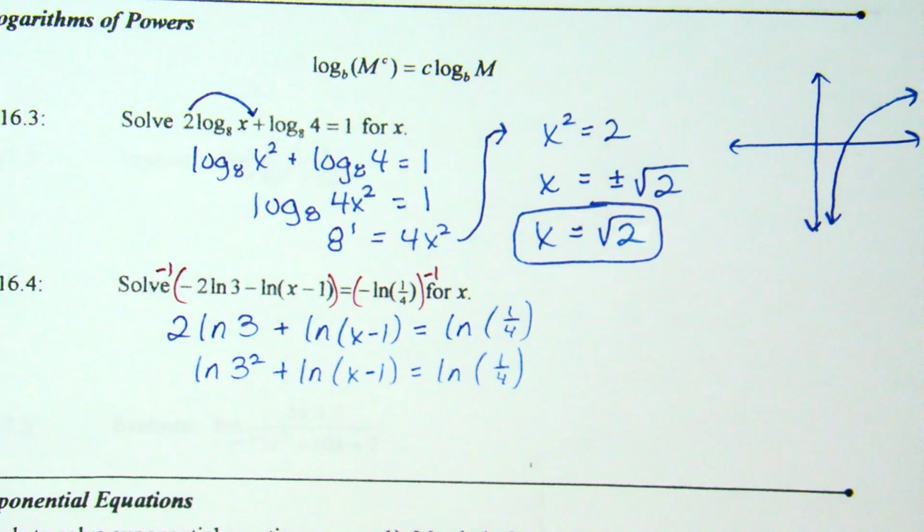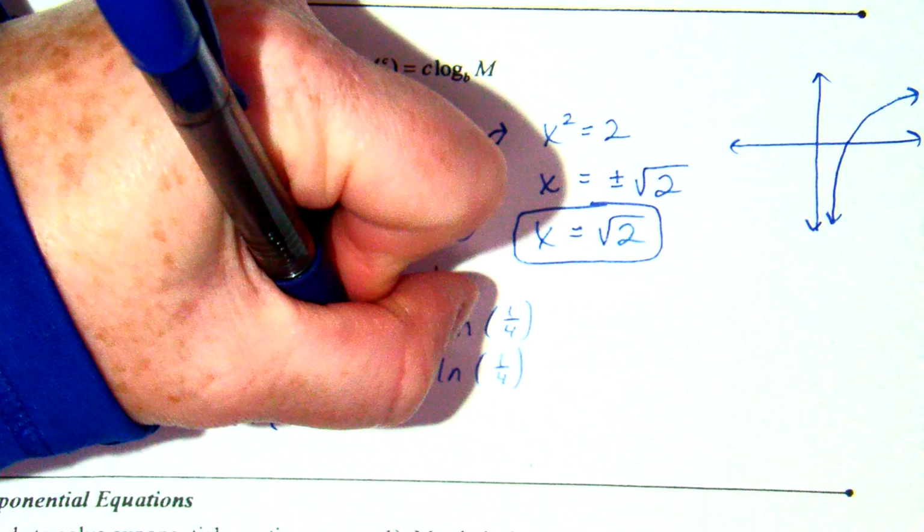You can multiply the first 2. Okay. 2 logs being added can be rewritten as 1 log where the insides are multiplied. So it becomes natural log of, what's 3 squared times x minus 1? 9x minus 9 equals natural log of 1/4.